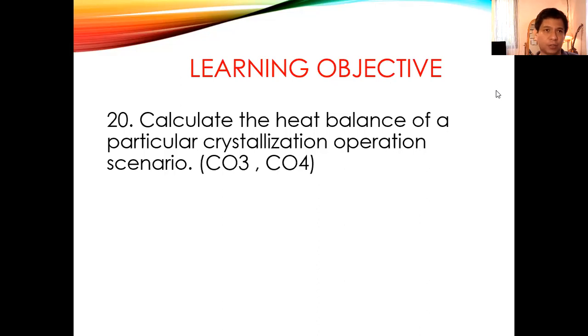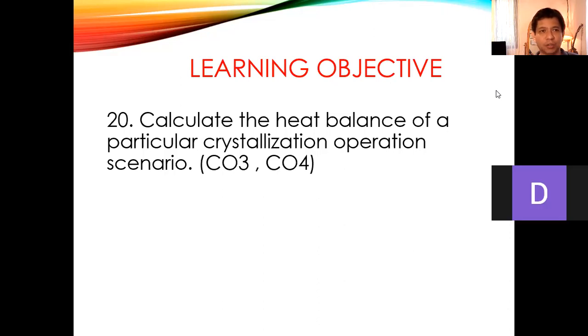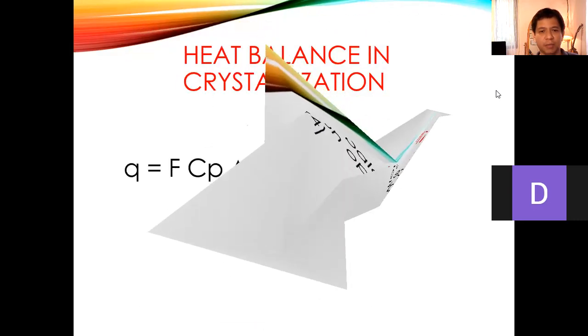You can call it TC or simply T minus TF. Then for the crystal, there is a heat of crystallization, so we have the term plus C lambda C. That's our equation.